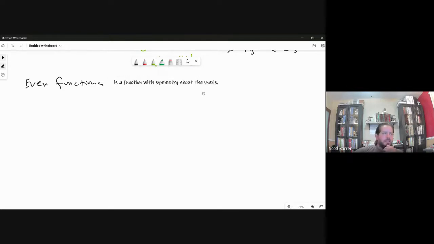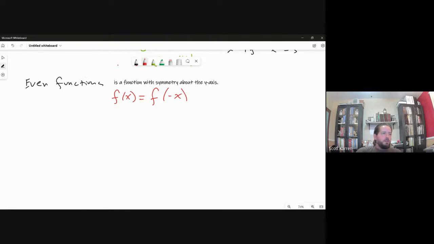And so that is to say, for an even function, f of x is going to be the same thing as f of negative x, right? So if I replace negative x into the function, I get the same thing out. Not only do I know that I have symmetry about the y-axis, but I also know that it's an even function.